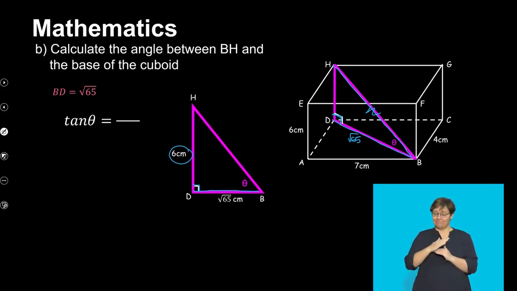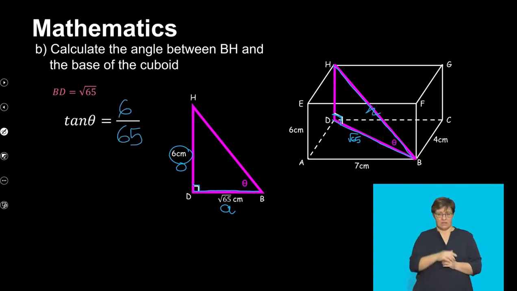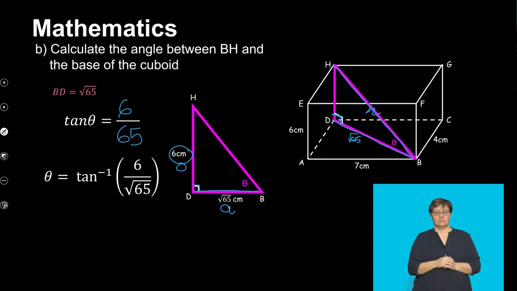We have the opposite and the adjacent, so we're going to be using tan of theta, because tan is the ratio that has opposite and adjacent, so it's going to be 6 over root 65. Then you're going to use your calculator to say shift tan, 6 over root 65, and you've done this a lot in Grade 10 and 11, so you know how to find the angle. You'll get the angle to be equal to 36.7 degrees. So it means that this angle here is now 36.7 degrees.